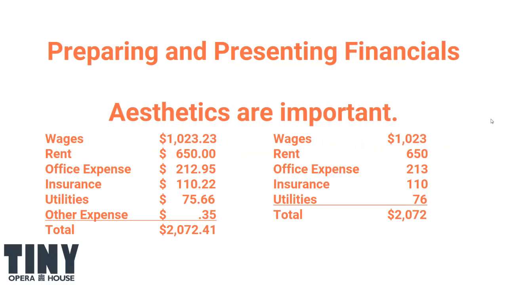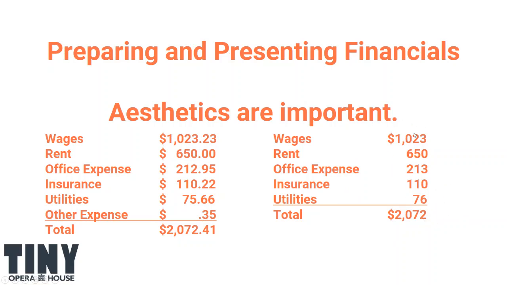I've got a personal preference against dollar signs and decimals, because in financial information, it's rare that pennies make a difference in how you think about something. Dollar signs tend to clutter up the information. These are actually the same information, but there are a lot fewer numbers over here.